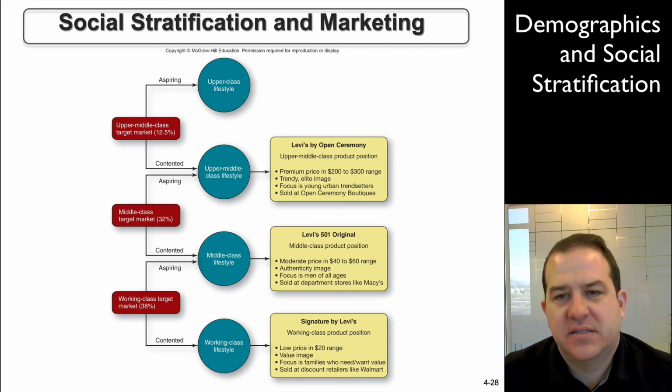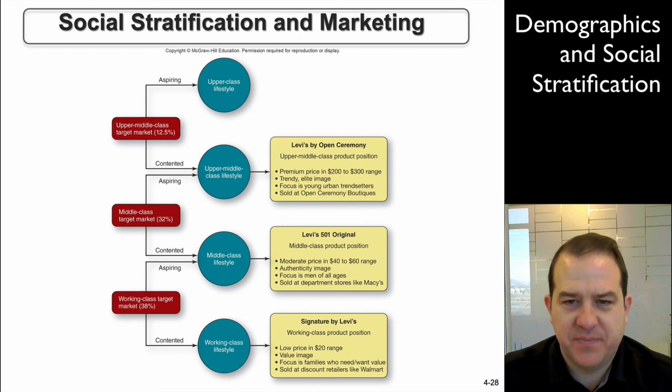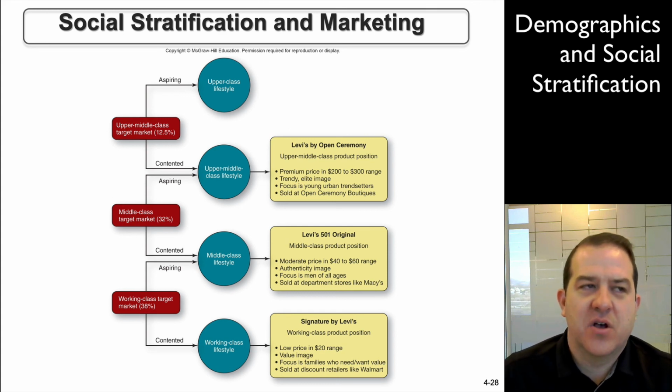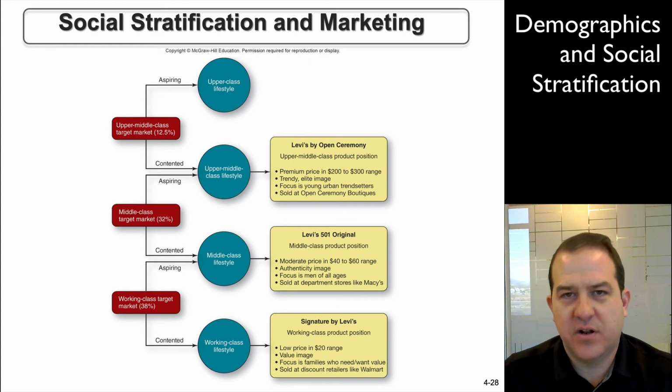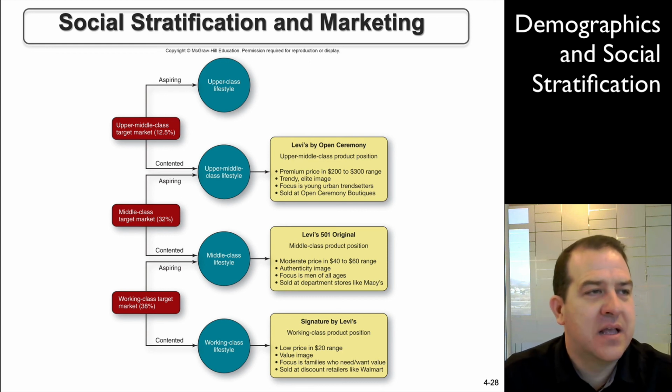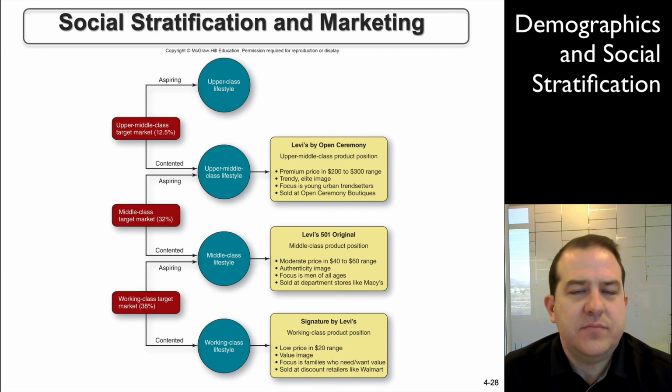Levi's has a thing, Levi's by Opening Ceremony. This is upper middle class product position. It's premium price, $200 to $300 range of jeans. They're trendy, they're elite. They're probably going to have rich people that people would aspire to be, a little bit more upper middle class, wear them.